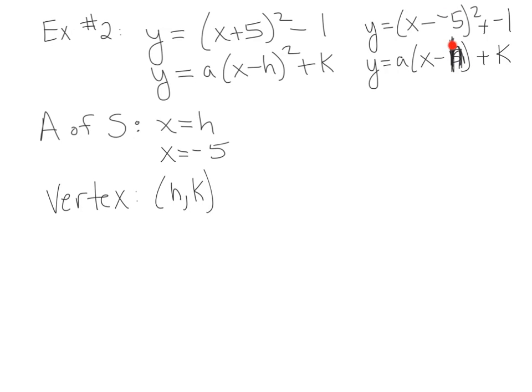H is negative 5, k is negative 1. H is not positive 5 and k is not positive 1 because the signs don't match. After the signs match, the vertex is (negative 5, negative 1).